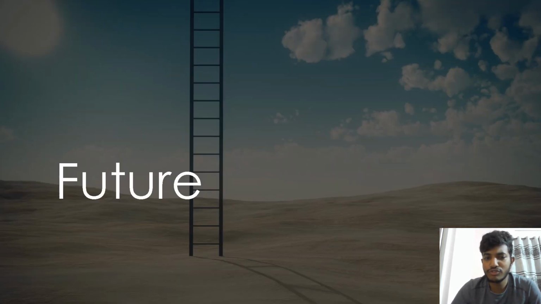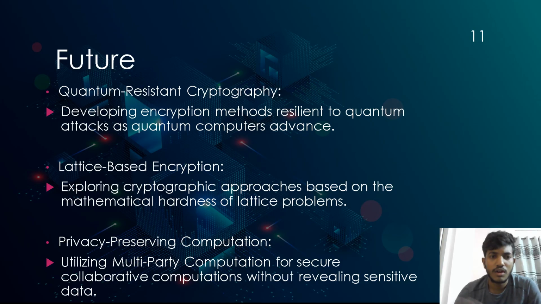And what will be the future of the RSA algorithm? Upcoming areas related to RSA are quantum-resistant cryptography, developing encryption methods resilient to quantum attacks as quantum computers advance, and lattice-based encryption, exploring cryptographic approaches based on the mathematical hardness of lattice problems.